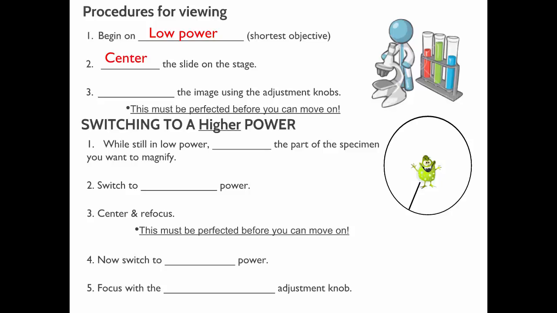You put the slide so that it's centered on the stage. In the center of the stage, there is a hole. Not a hole, but it's covered in glass. There's an area for light to pass through. Okay? So when you look at this microscope, put my slide on the stage. If you have a microscope that has stage clips, you just have to move the slide around with your fingers. Our microscopes have something different.